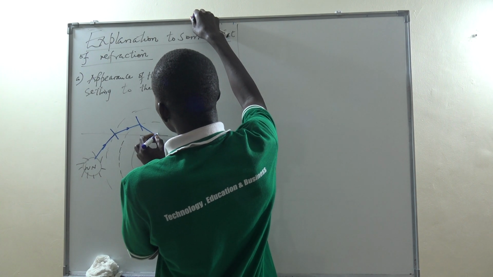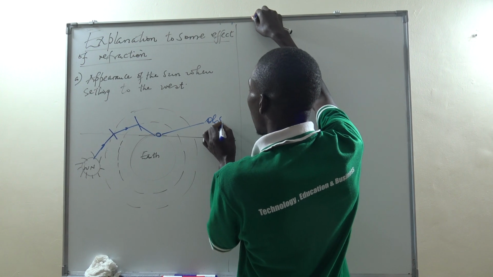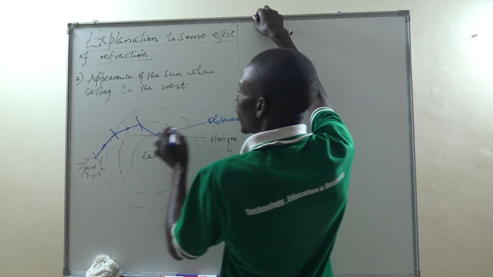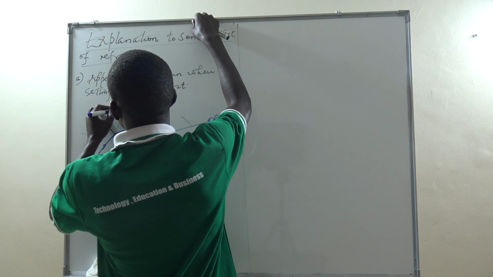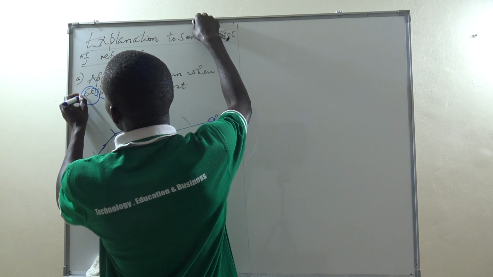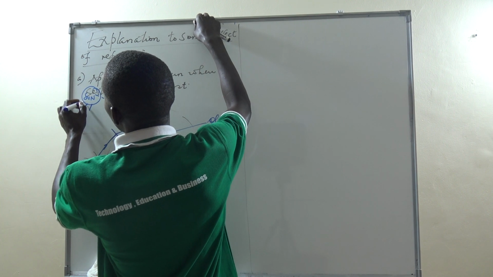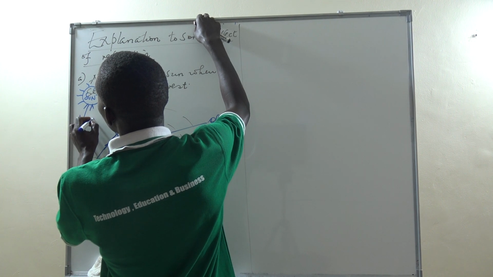And now, if an observer is here, this is the position of the observer on the Earth's surface, we'll see this light as not refracted, but we'll see it coming from here, and we'll see the sun as above the horizon.